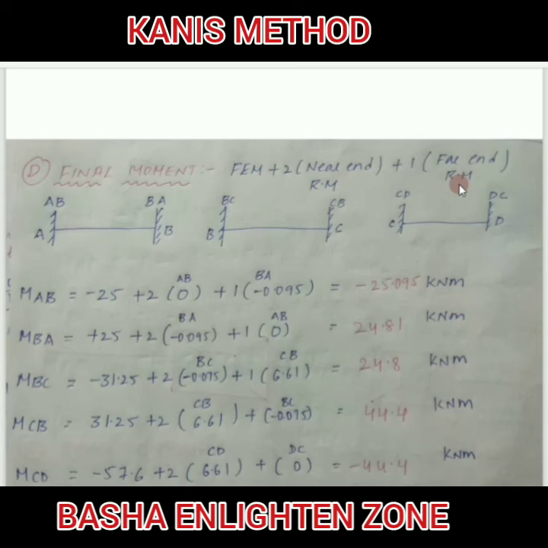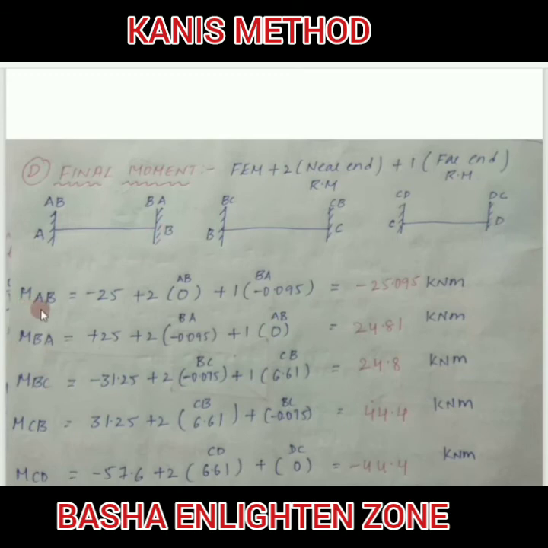But while calculating the final moments, there will be 3 spans, that is AB, BC and CD. Friends, before going to the final moments, divide these spans individually. You can assume AB is one particular span, BC is another particular span, CD is another particular span.